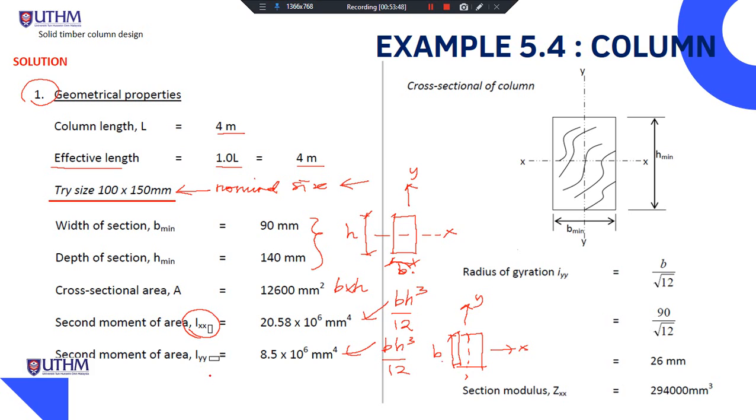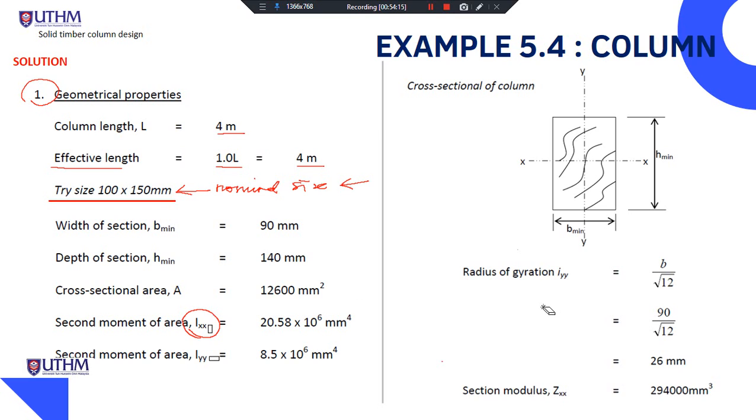So in column design, you need to calculate second moment of area for both direction, X and Y axis, and later we will select the least value, the smaller value, in further design calculation.